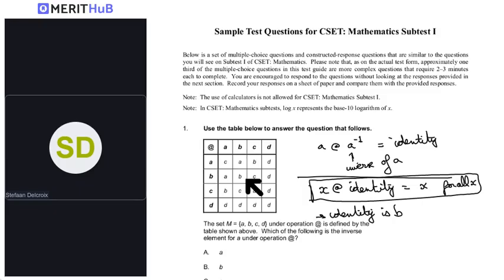B operation B is B. C operation B is C. D operation B is D. Yep, B is the identity. So now I can finally go back and find the inverse of A. A operation A inverse should be B. What is A inverse?